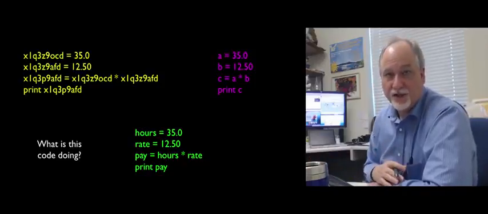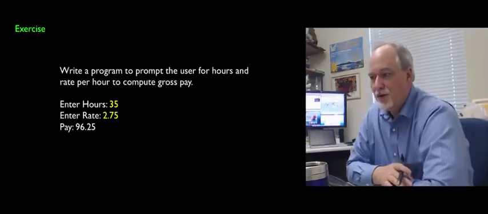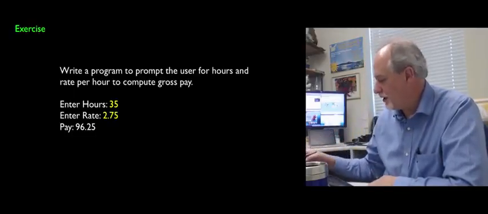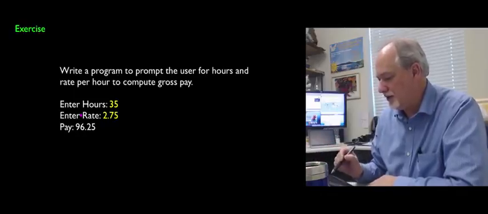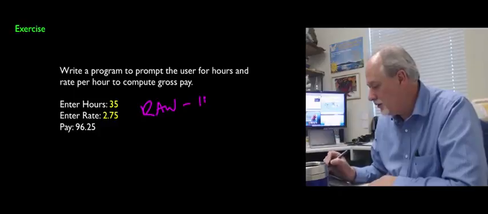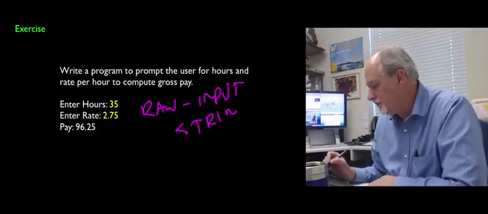So, you have a couple of assignments at the end of the chapter. One of the assignments is to write a program to prompt the user for hours and rate per hour and compute pay. So I won't do this here, but just a couple of things. You're going to be using raw input. But remember that hands a string in.